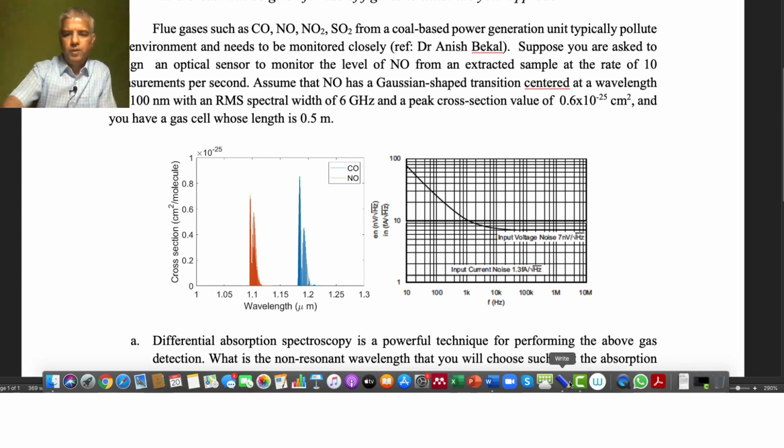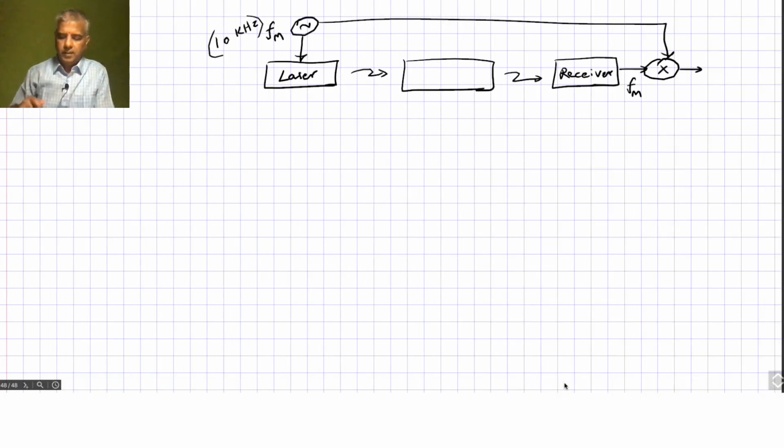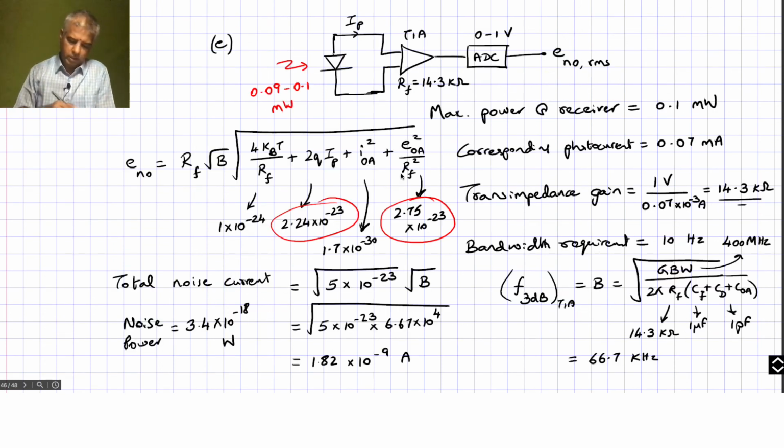So if we do that, you can reduce the noise that you are accumulating at the receiver, and that's what we are seeing over here. You can reduce this component significantly, by 2 orders of magnitude potentially.